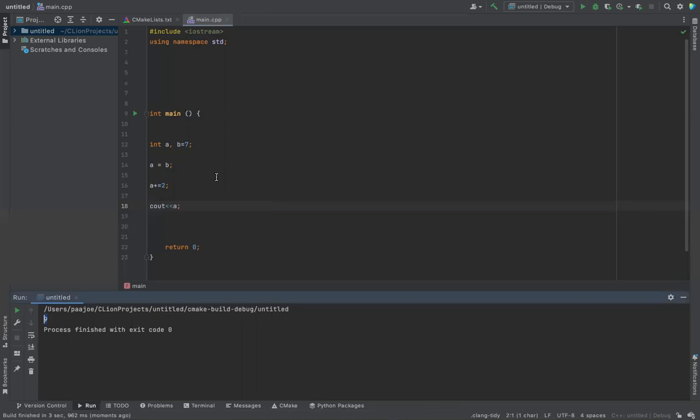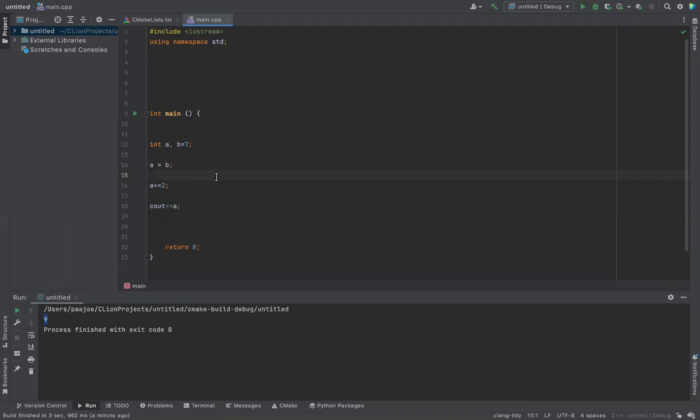Now, the logic is, I declared two variables, A and B. Then I stored number 7 in my memory space B. Then I came to the next line saying A is equal to B, meaning the same 7 is in A. Meaning if I say A is equal to B, it's the same space for them.